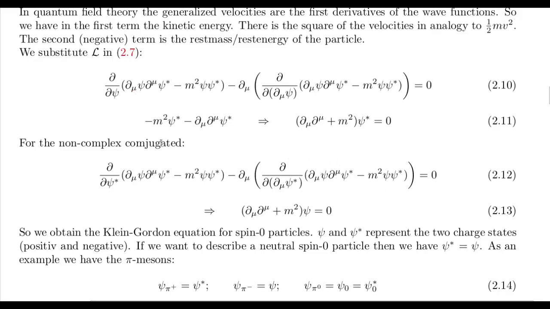And we can do the same for the non-complex conjugated psi. So the same here, we have here psi star now. And then we get the same, but here we have the function psi, and in 211 it's the complex conjugated one.